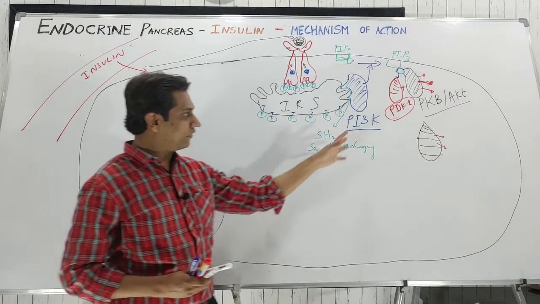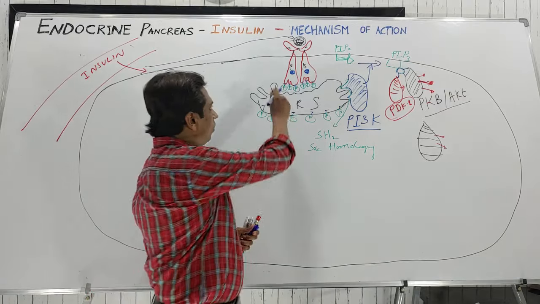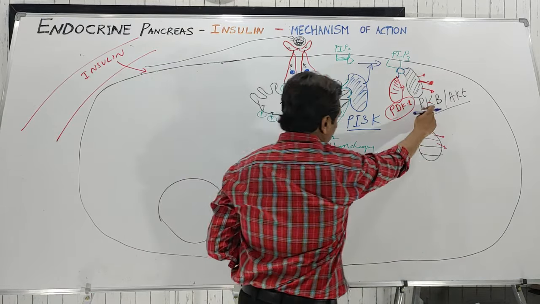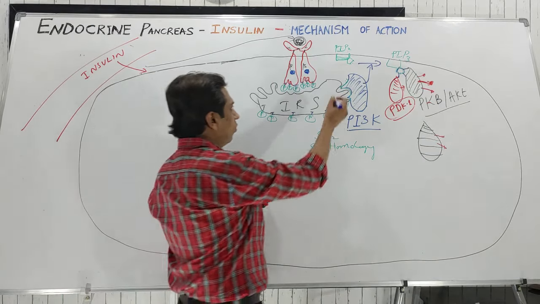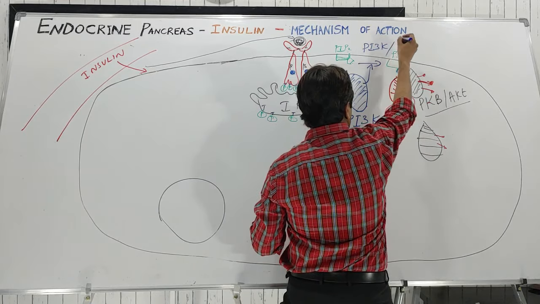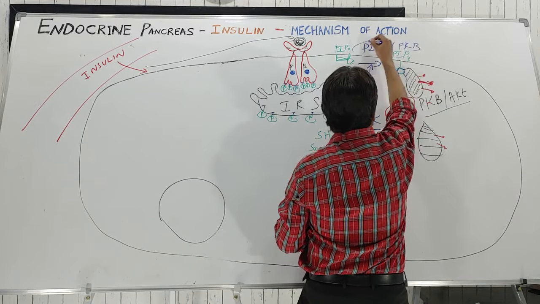And now it causes the action. What action it will cause, I will tell you, but before that I would like to say this pathway, binding from the insulin up to the activation of this PKB molecule, is known as the PI3 kinase protein kinase B pathway.